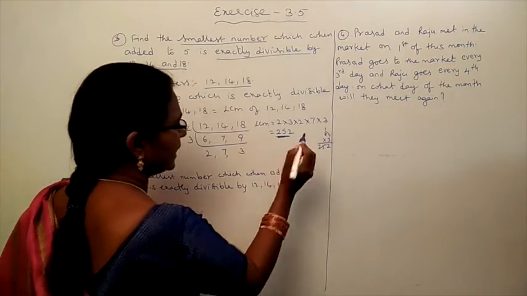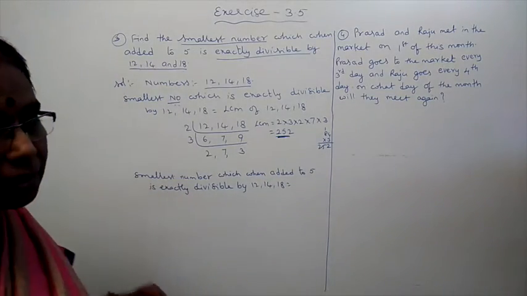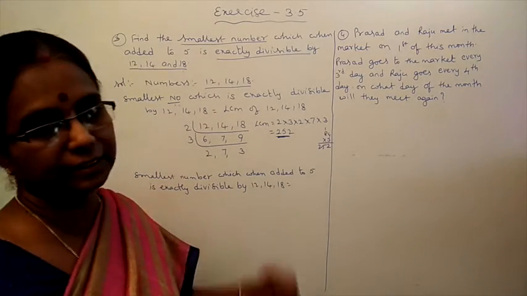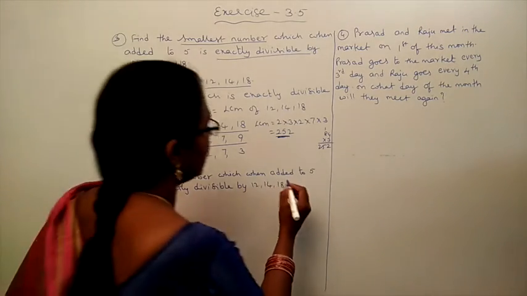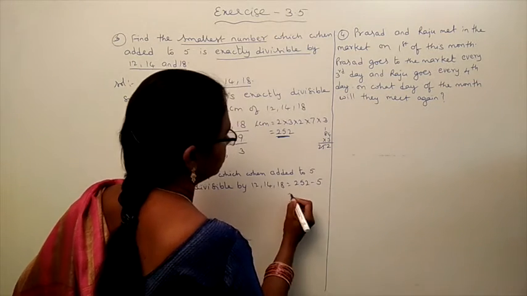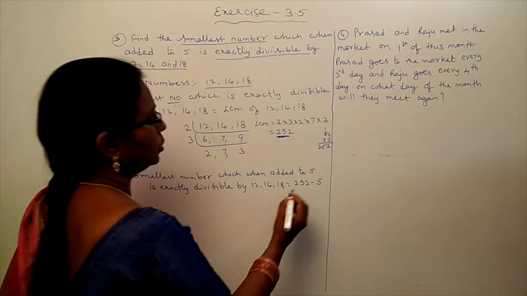We don't want the exact number, but what he is asking is, when you add one number to 5, you will get the exactly divisible number. That means you have to subtract 5 from 252.